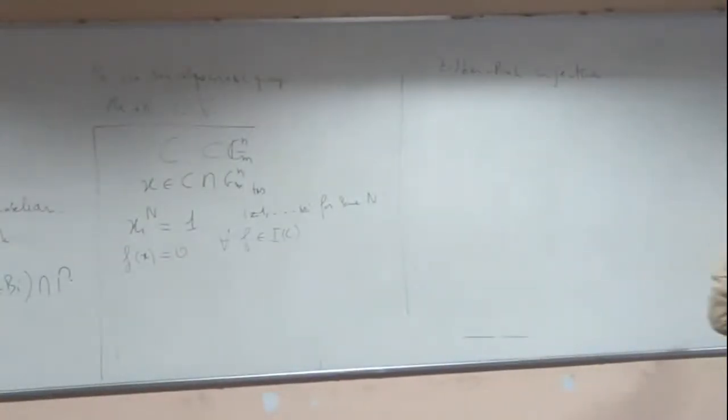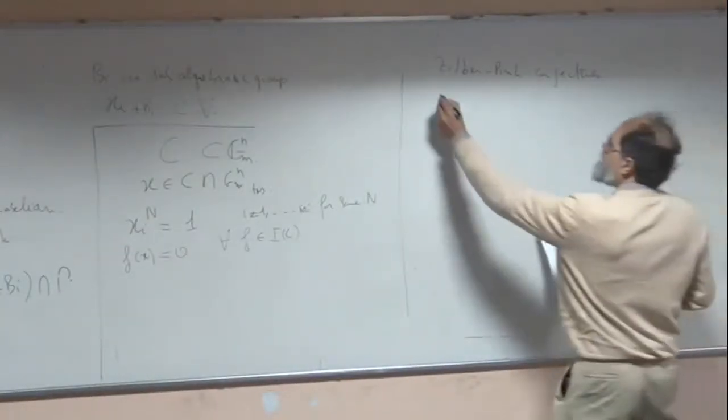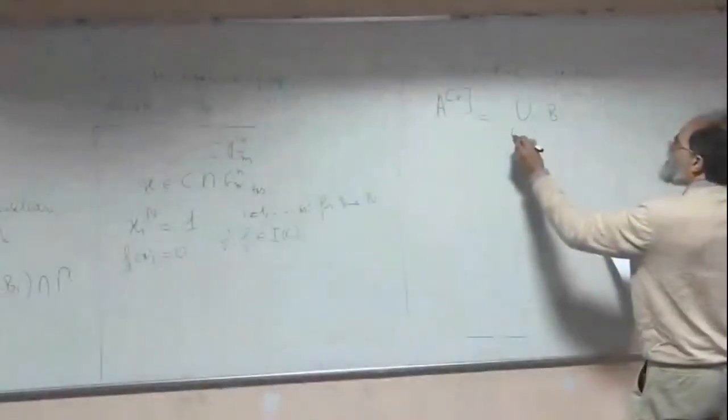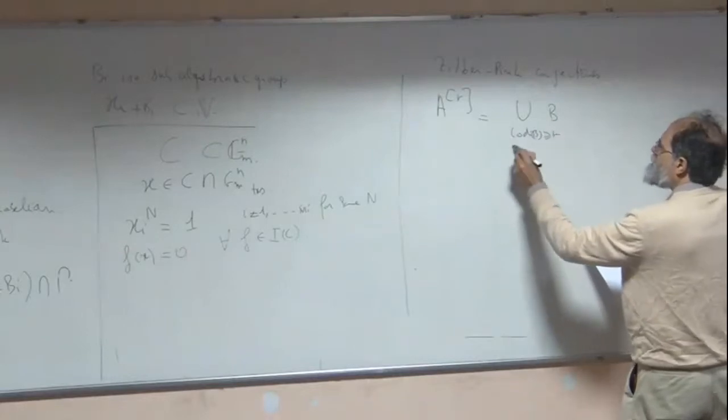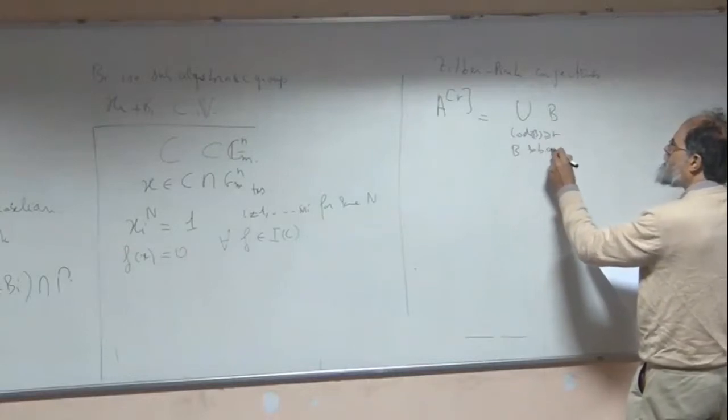So in that case, what I define is A_r. I want to reduce the number of equations. So I want to cut down this. So I will define A_r to be the union of B, with codimension of B at least r, and B a subalgebraic group.